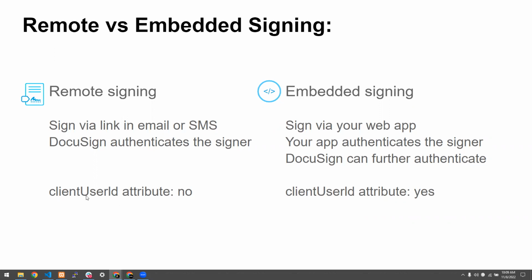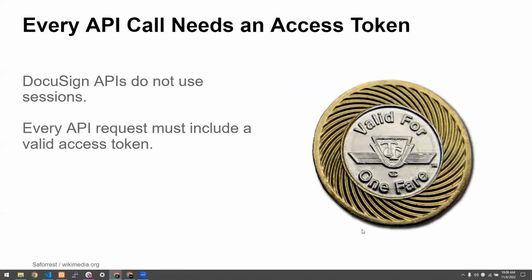The key takeaway is that if you are not receiving emails for your envelope, you may have the client user ID attribute configured with some data there. So make sure that's absent if you're trying to have an envelope that's sent through email.